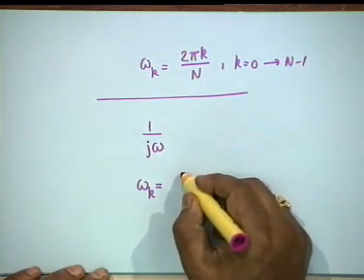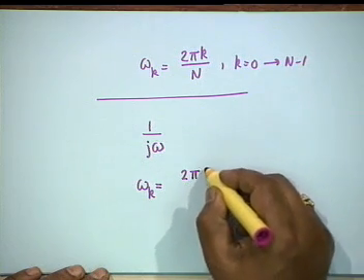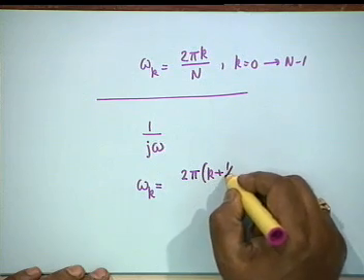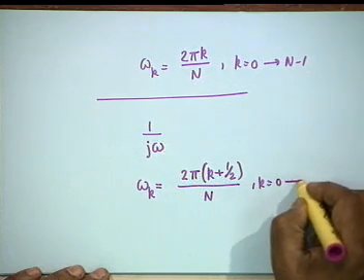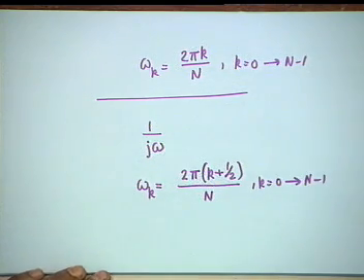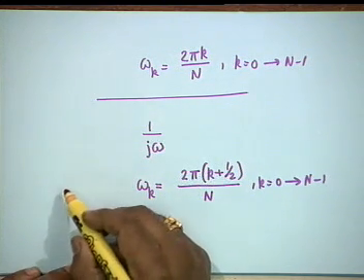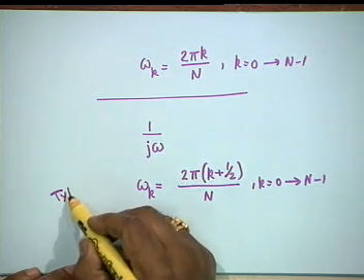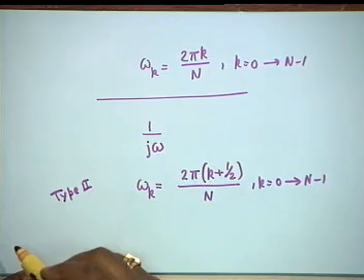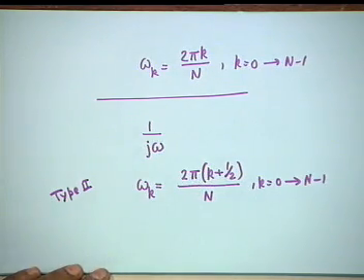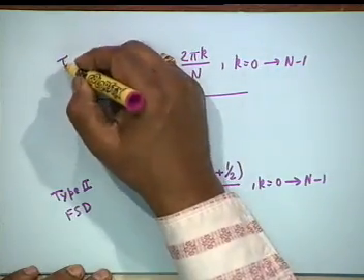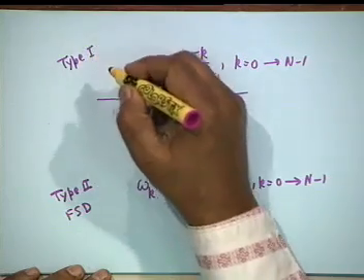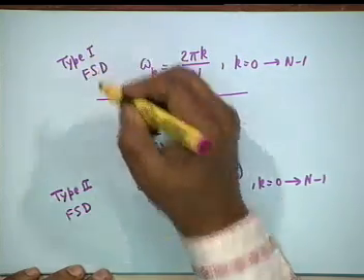The scheme that we can use is 2 pi times k plus half, divided by n, where k goes from 0 to n minus 1. This sampling scheme is called type 2 frequency sampling design, FSD, and the earlier scheme is called type 1 frequency sampling design.